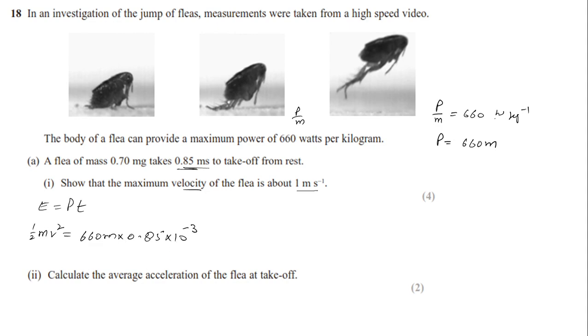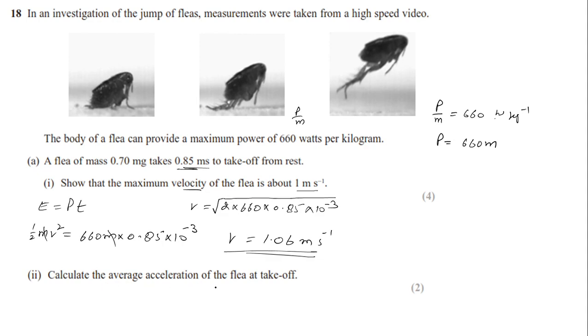Clearly you can cancel mass, and now you can find velocity. So velocity V would be equal to the square root of twice 660 into 0.85 into 10 to the power minus 3. From here V is equal to 1.06 meter per second. That's the velocity of the flea.